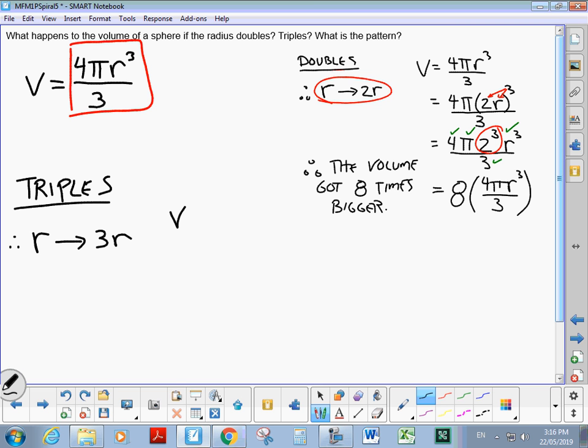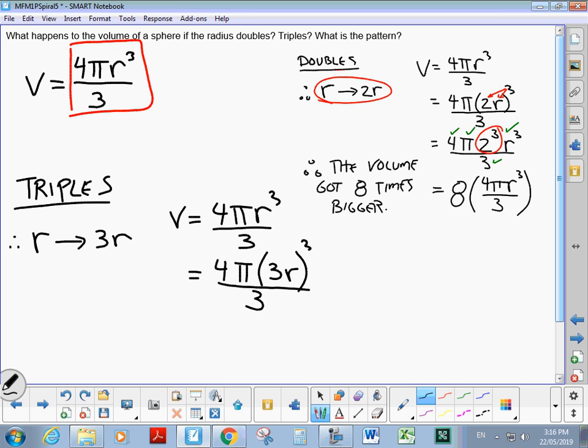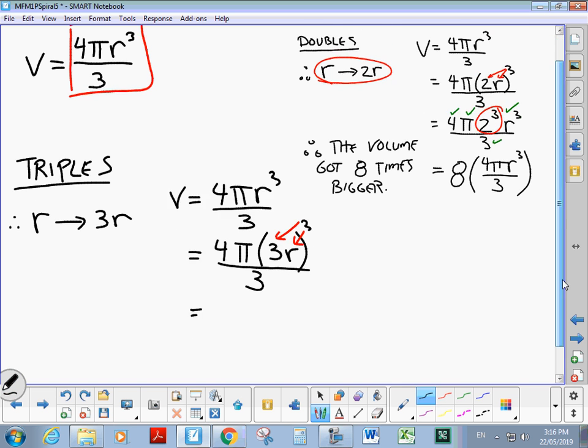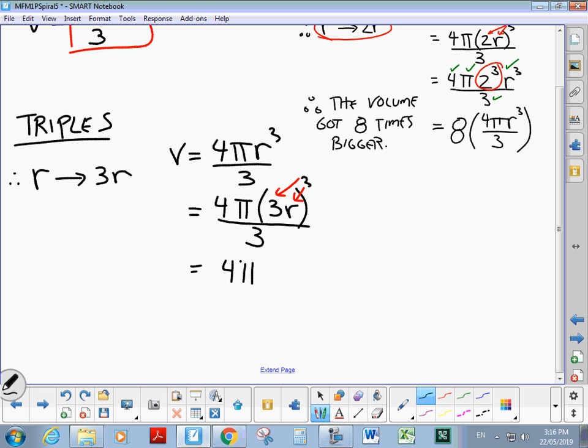Using my volume formula, 4 pi r cubed over 3, I'm going to replace the r with 3r now. So 4 pi 3r cubed over 3. So now, again, everything inside gets cubed. So now we have 4 pi 3 cubed r cubed over 3.